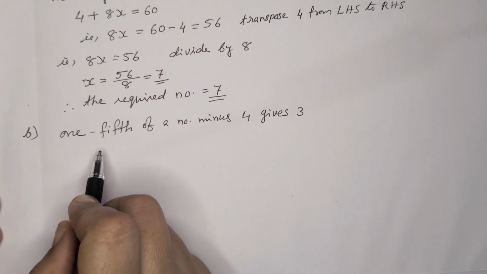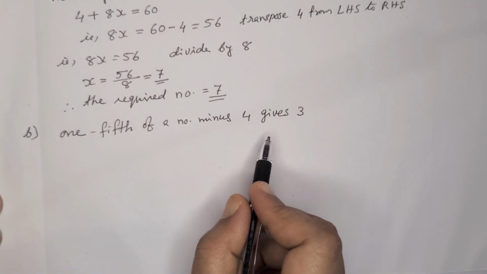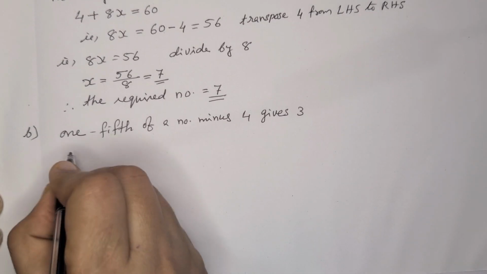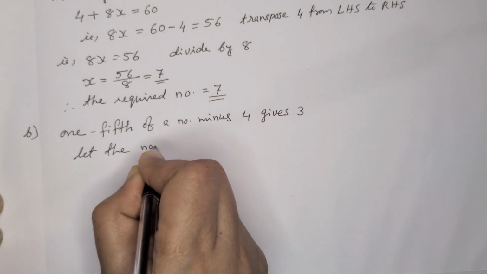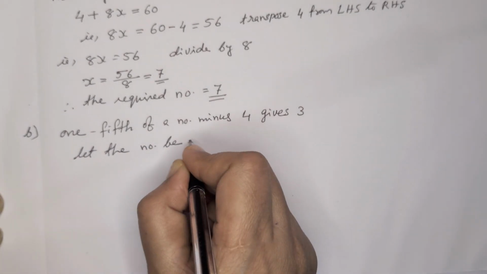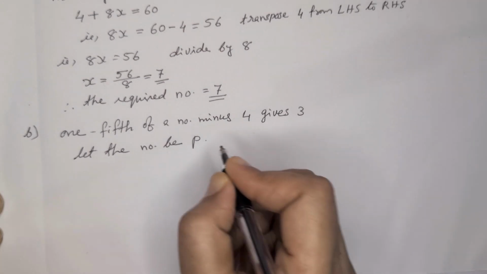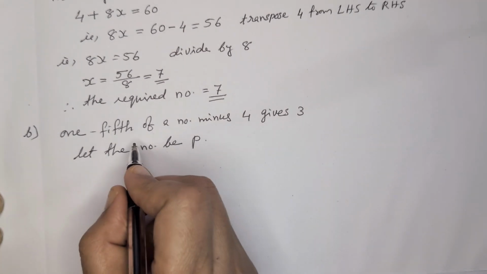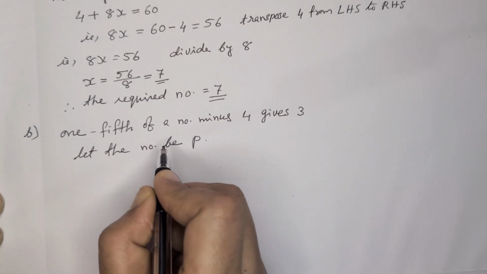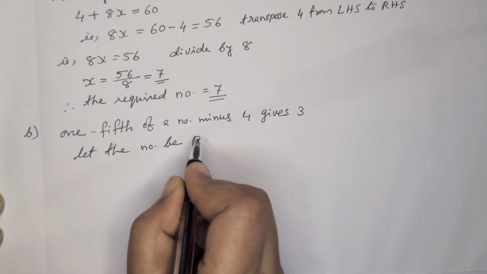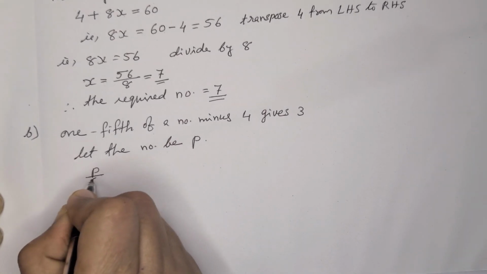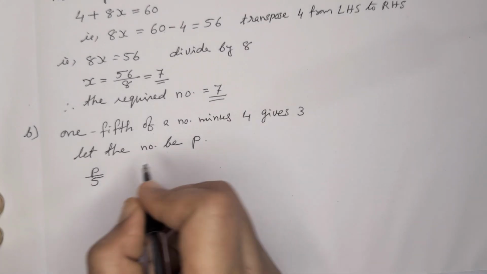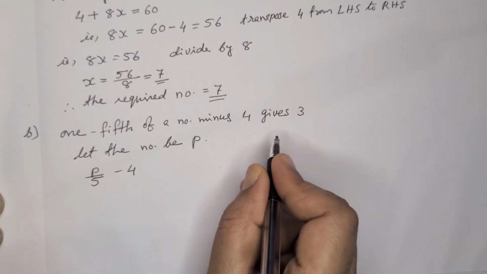B. 1/5 of a number minus 4 gives 3. We can take any letter, let the number be P. From the question we can write 1/5 of a number, that means P by 5, minus 4 gives 3.